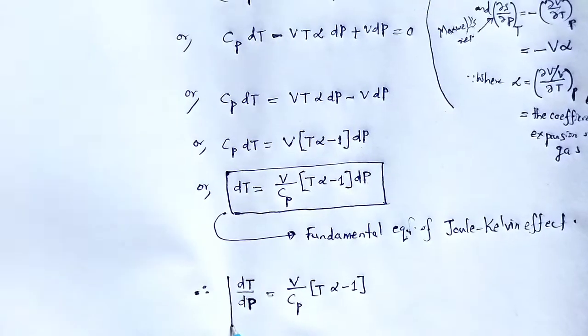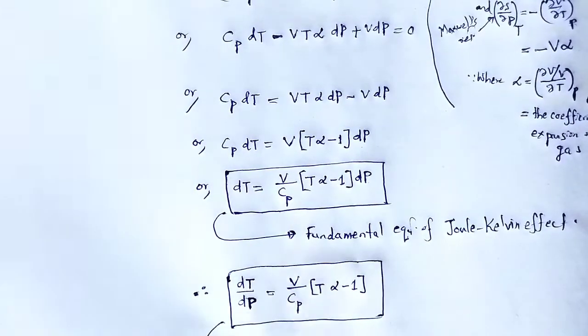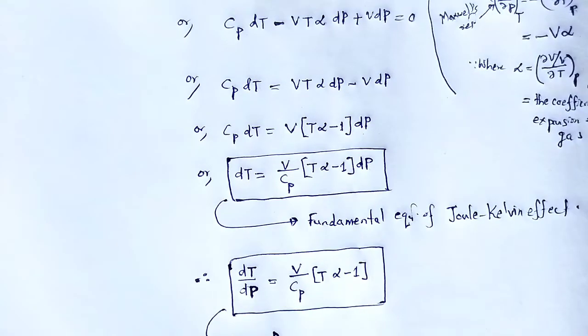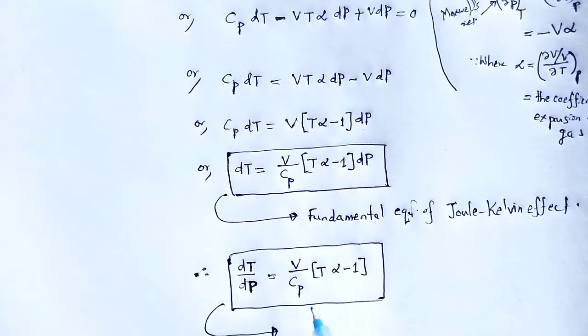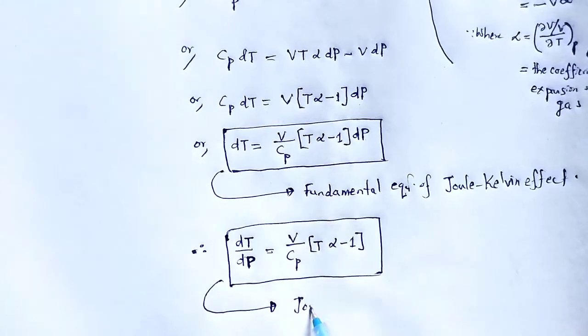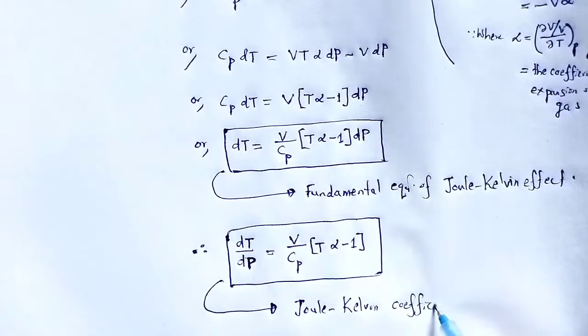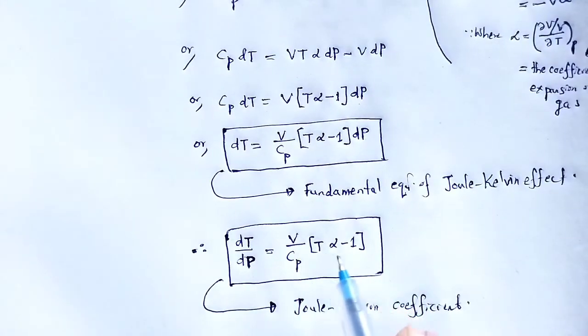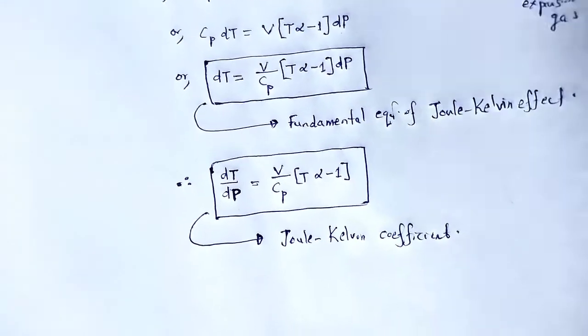That dT by dP is known as the Joule Kelvin coefficient. Now, using that equation, the Joule Kelvin coefficient, we have to derive the Joule Kelvin coefficient for ideal gas and for van der Waals gas. Now, this is the standard equation of Joule Kelvin coefficient.